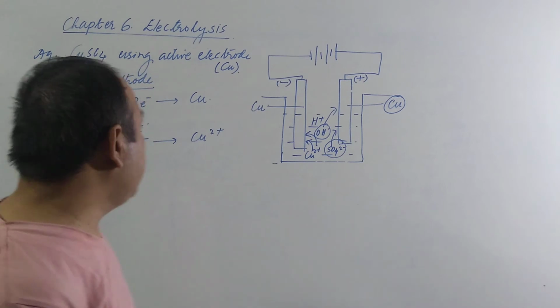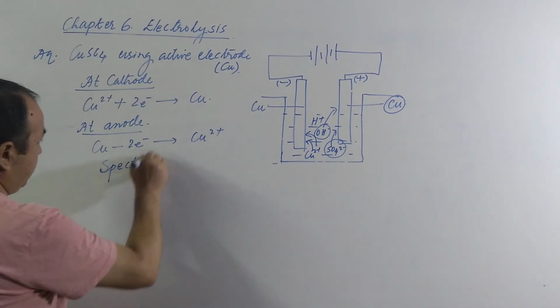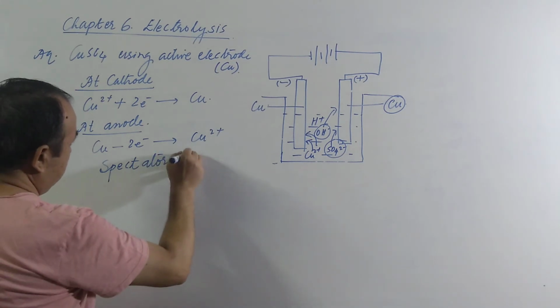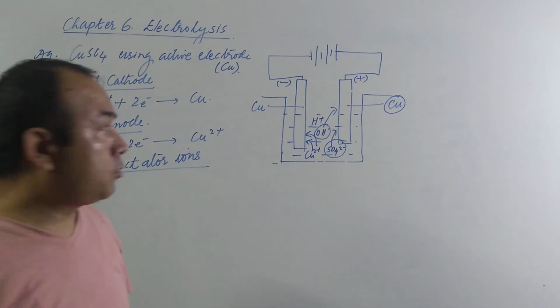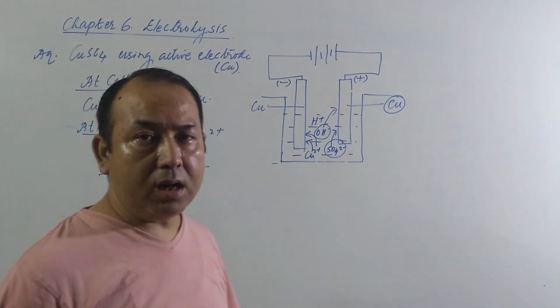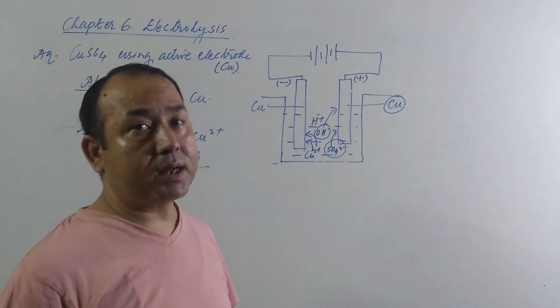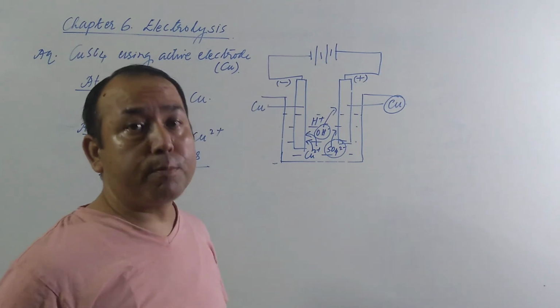And the next important thing is spectator ions. This term also you need to remember. Those ions which do not get discharged at the electrodes are usually called spectator ions. Like in this case, hydroxyl ion and sulfate ion are spectator ions.